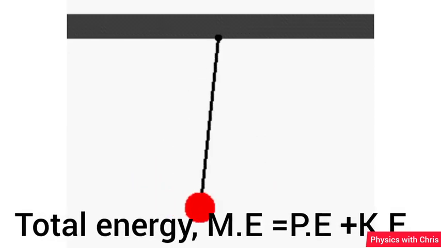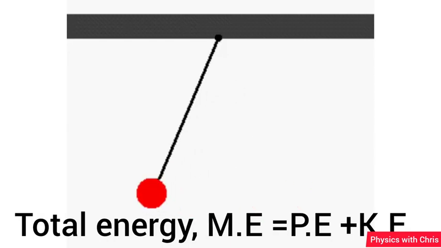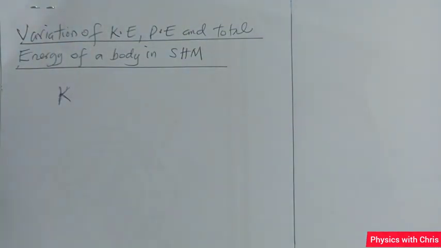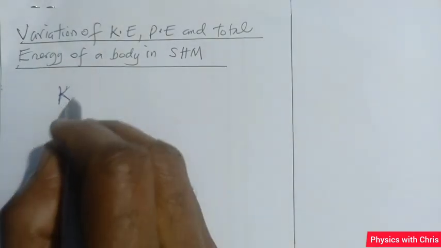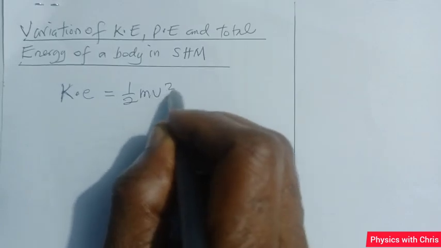Of course, you know that the total energy of a mechanical system is the sum of its potential energy and kinetic energy. Now, the kinetic energy of the body, which is the energy of a body as a result of its motion, is given as half mv squared.